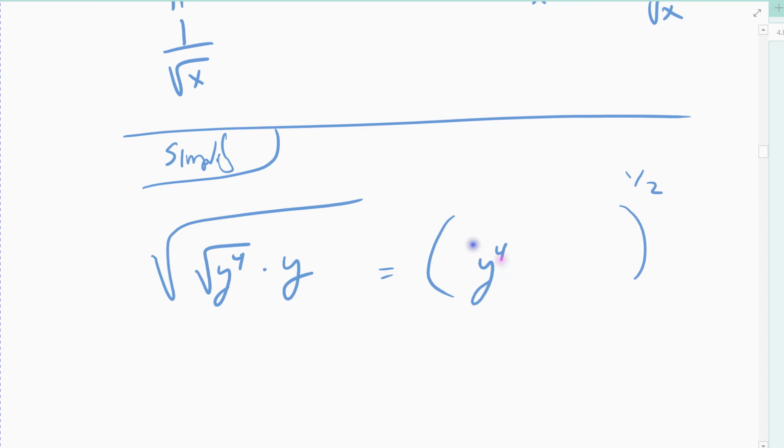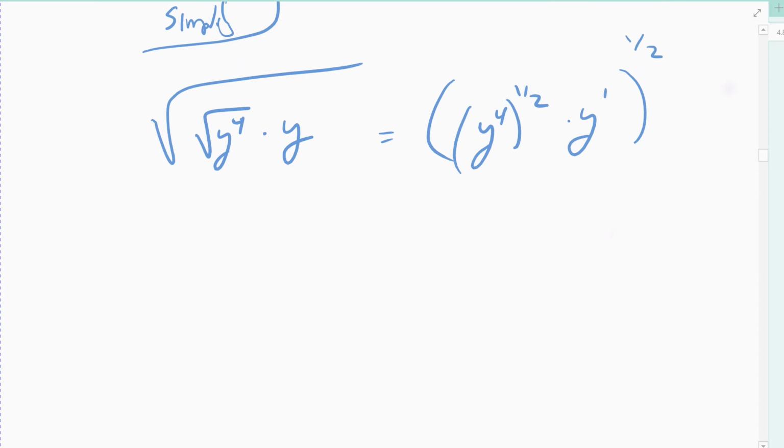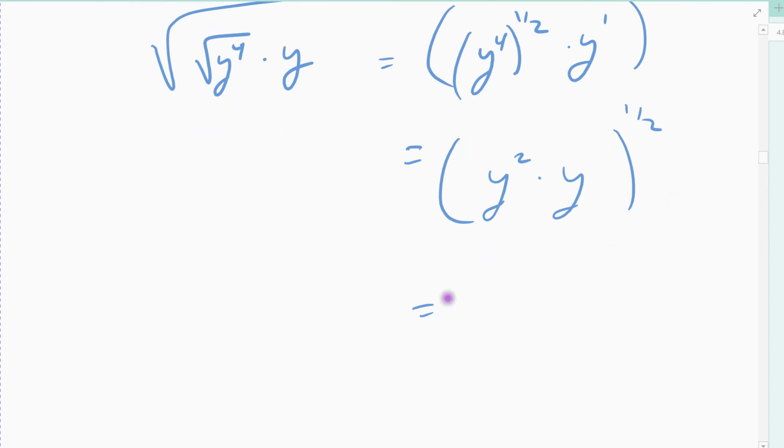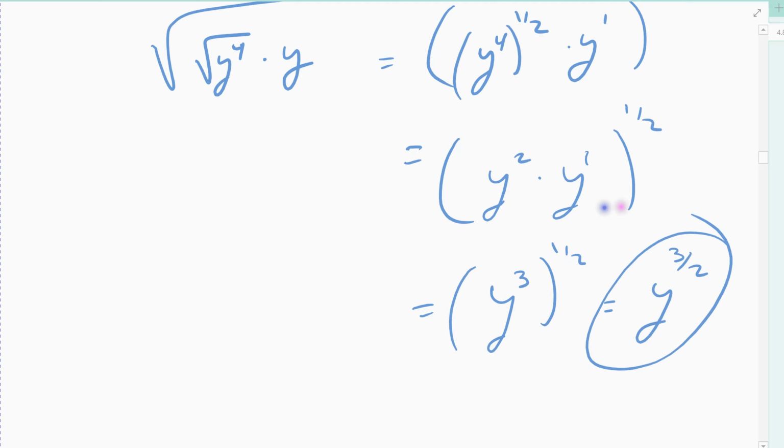Here, it's y to the 4th raised to the 1/2, times y. And remember, if it's just y, it's understood to be 1. So simplify the y to the 4th to the 1/2 first. Well, that simplifies into 4 times 1/2, which is just y squared, times y to the 1/2 power. And when I multiply, I add, so it's y cubed to the 1/2, and that simplifies to y to the 3/2 power.